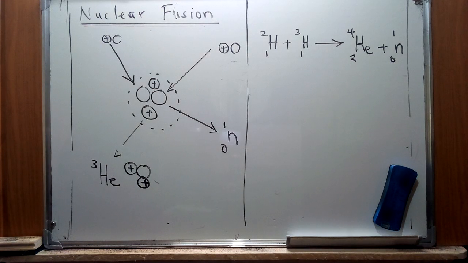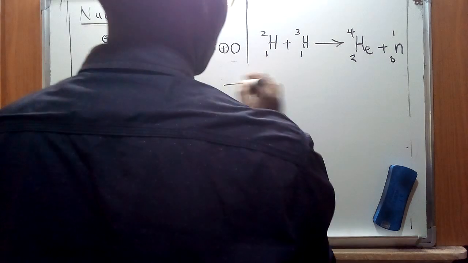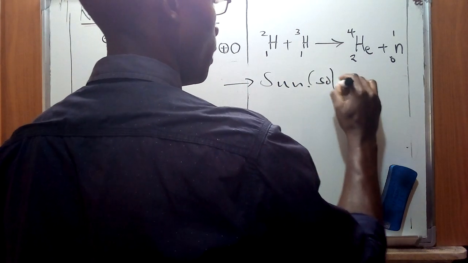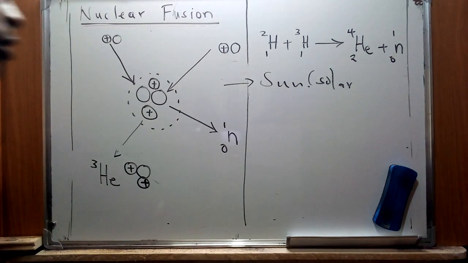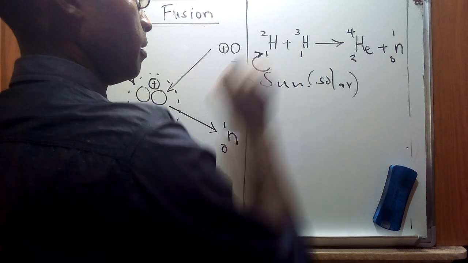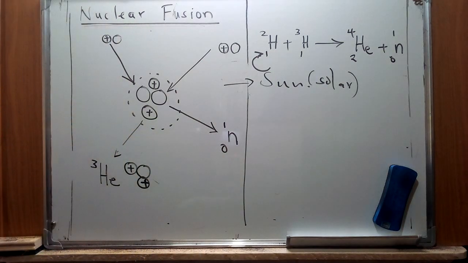Now this basically entails the joining of two lighter nuclei, as we have said. This is the basic process that happens inside the sun of our solar system, whereby the lighter nuclei of specific elements join together under very high temperature and, of course, pressure.